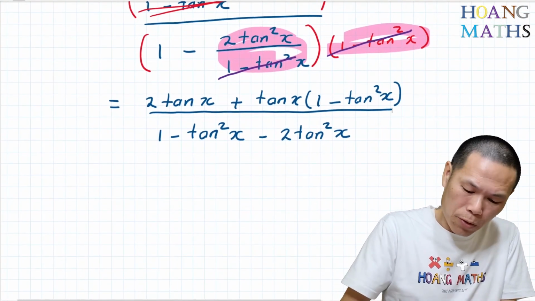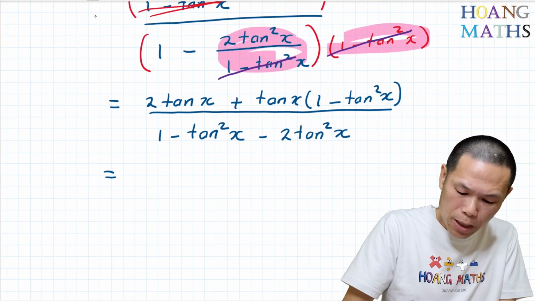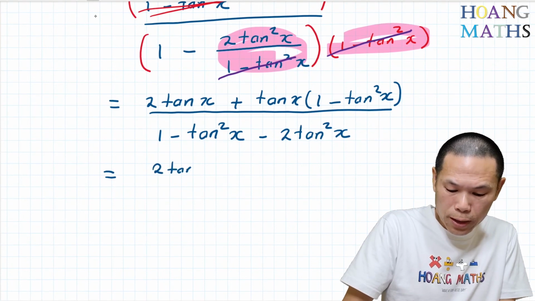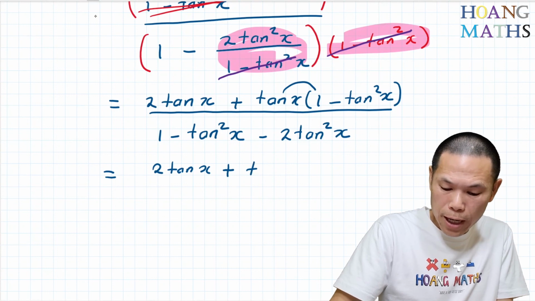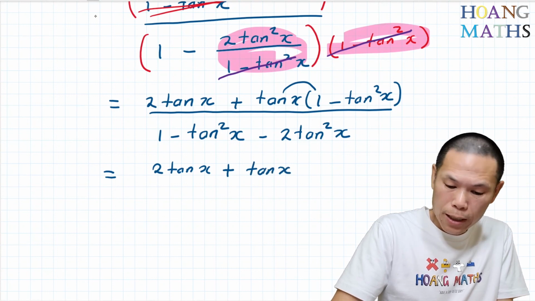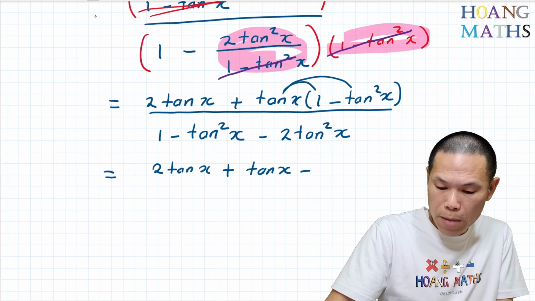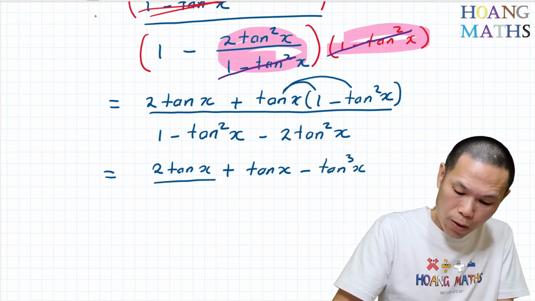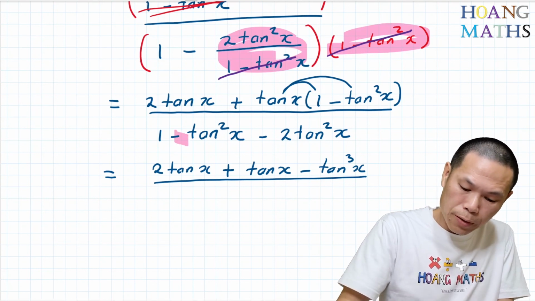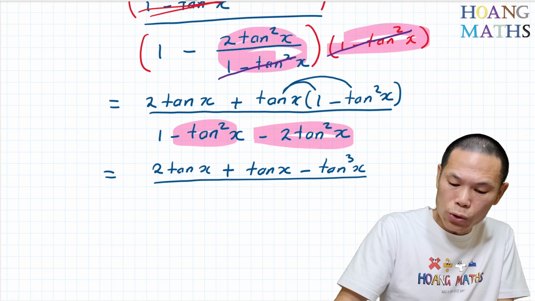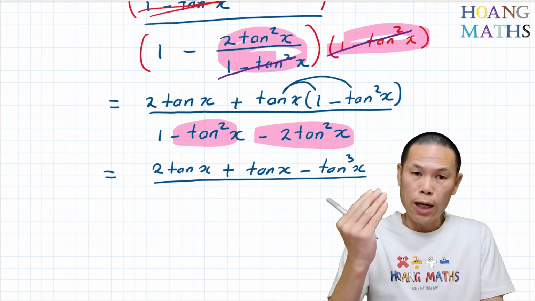So let me move this up. So this will give me 2 tan of x plus, so this times this, so give me tan of x. And this times here becomes minus tan cubed x. Over, so we have minus tan square of x and minus 2 tan square of x. So we just collect like terms.